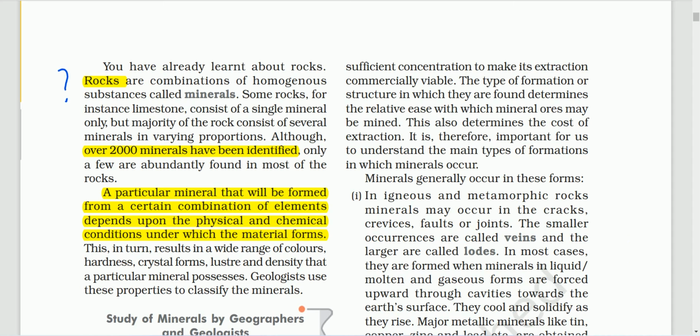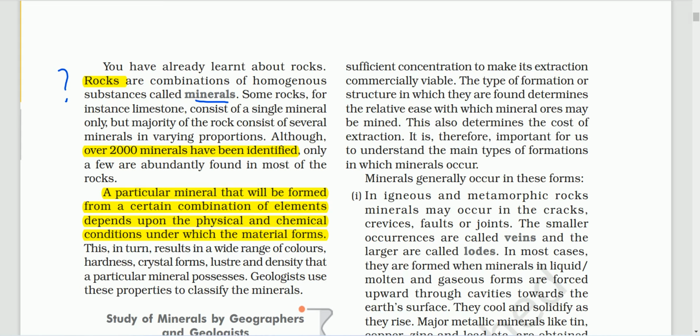Rocks are a combination of homogeneous substances called minerals. That means rocks are formed by combining two or more minerals, whereas minerals are formed by combining two or more elements.